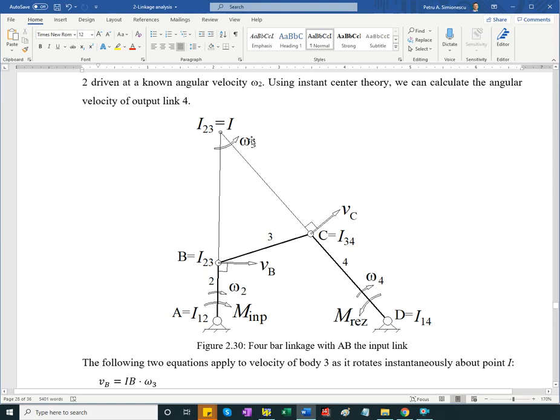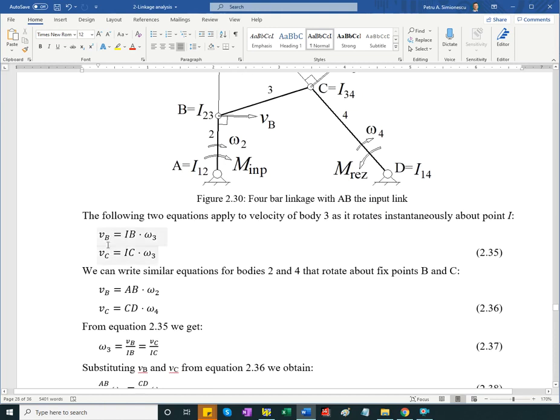And now that we found omega 3, we can move forward and say the velocity of C is this distance times omega 3, which we found previously. And ultimately, the velocity of point C is the length of link 4, that is distance CD, multiplied by omega 4, which is not known, but knowing VC we can calculate omega 4.